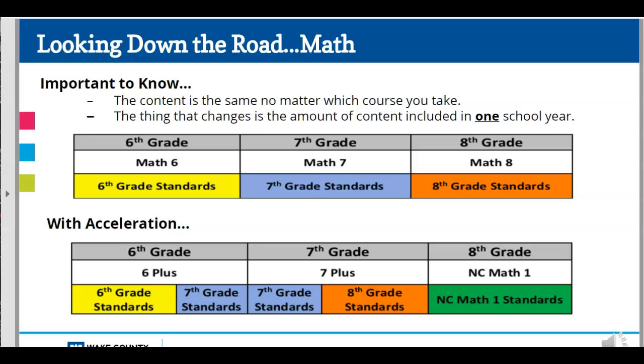And then in 7th grade, in 7 plus, it would be 7th grade standards, the second half that they didn't do in 6th grade, and all of 8th grade standards. And then at 8th grade math would be NC Math 1.